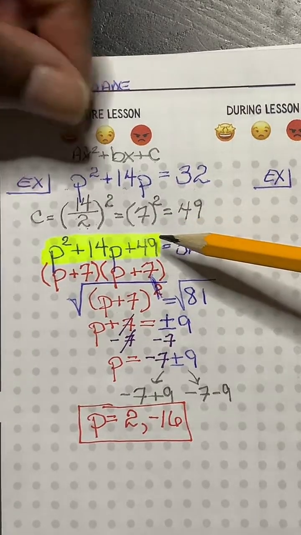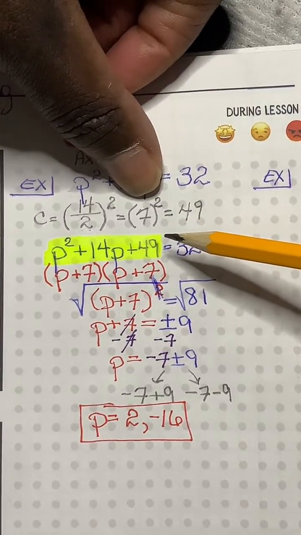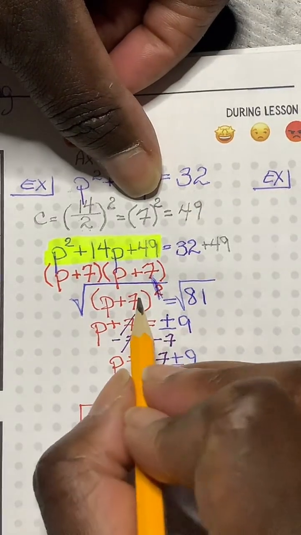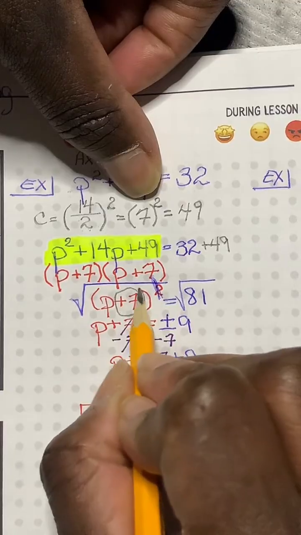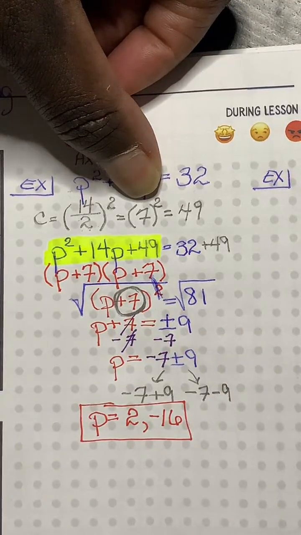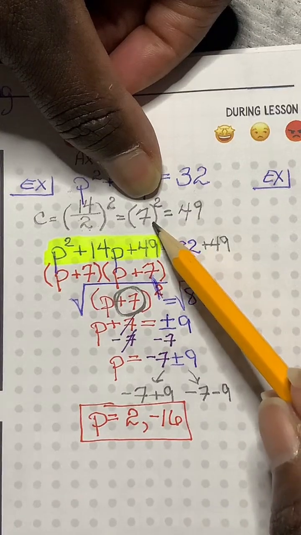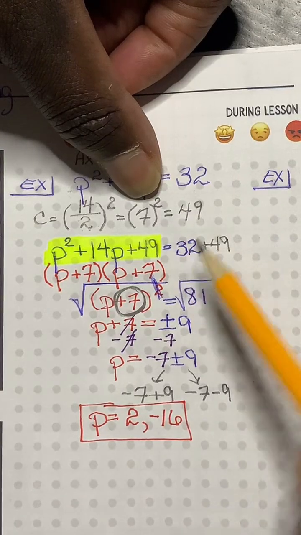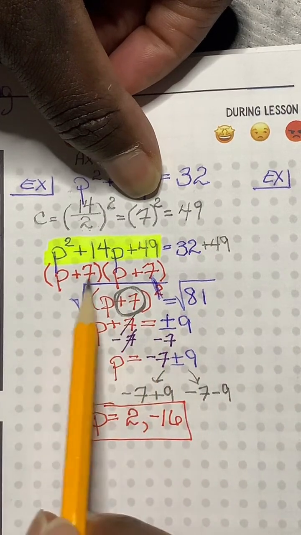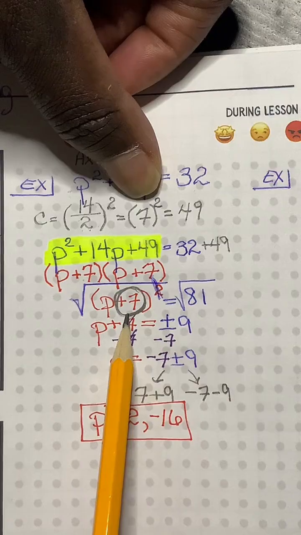Now here's that little trick that I wanted to talk about. This 7 inside the parenthesis, did you notice that that +7 also showed up down here? So whatever you get inside this parenthesis, it'd be nice to set it all up, but you can skip that to come straight here.